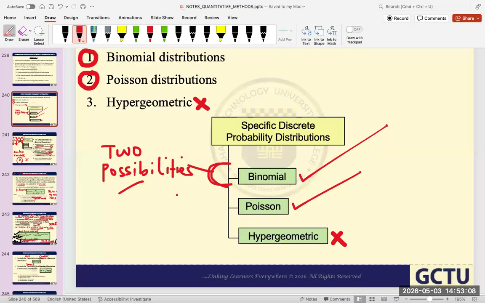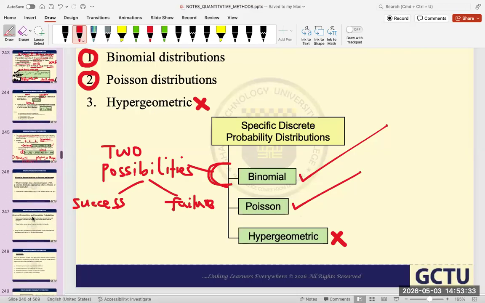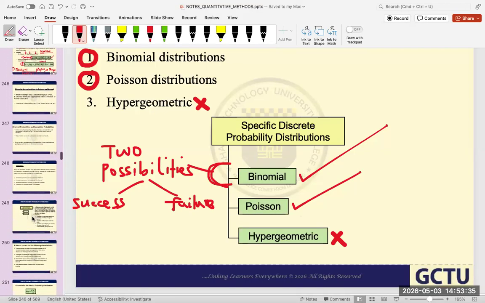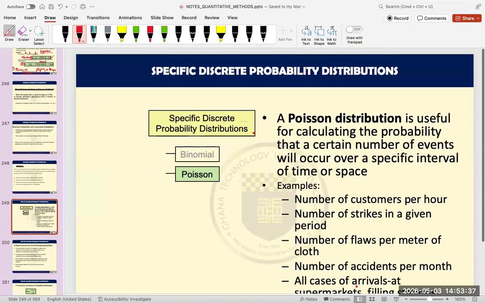And these 2 possibilities are either you have a success or you have a failure. But let's look at Poisson. Poisson is not about 2 possibilities. Poisson is about something else. Let's look at the characteristics of the Poisson distribution.